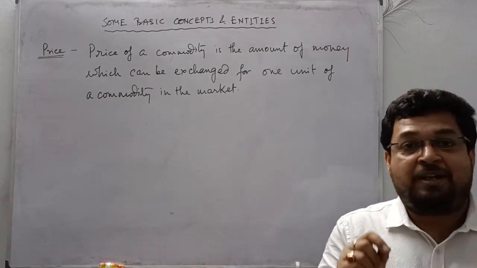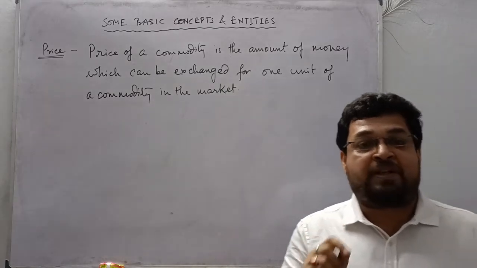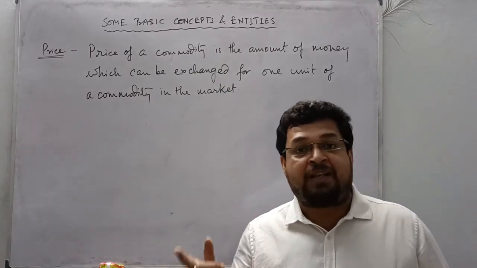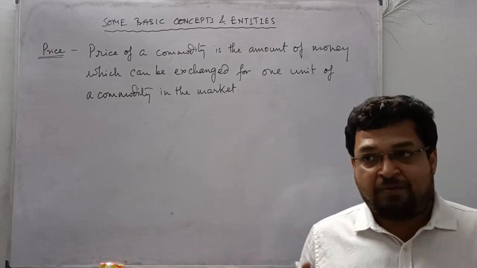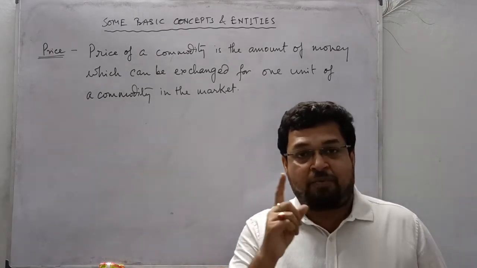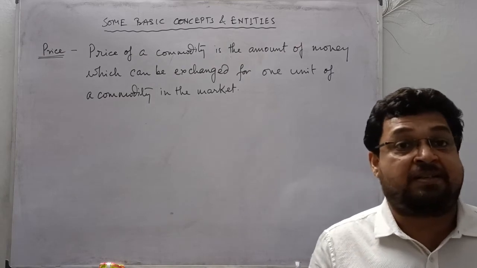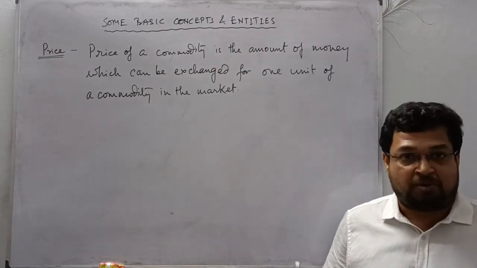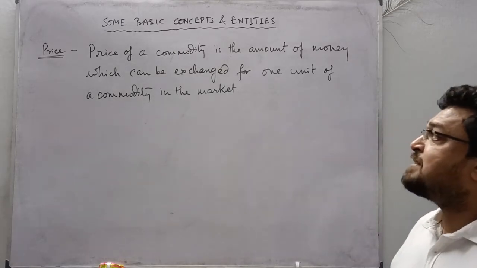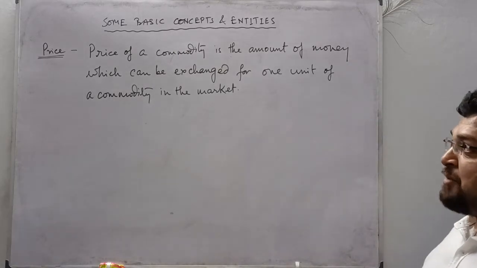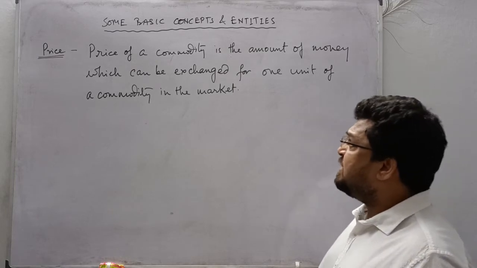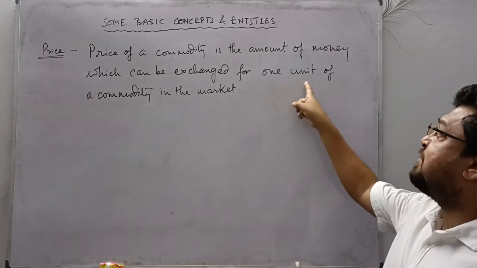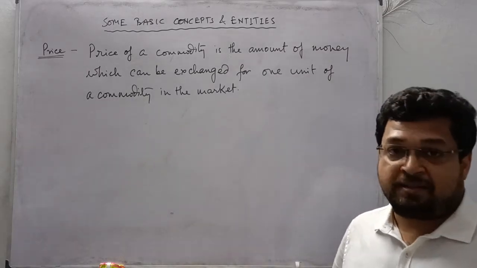That's why I'm telling you, in the market, when we go for purchasing 1 unit of a commodity, the amount of money that we give in exchange for 1 unit of the commodity is the price of the commodity. So we define the price of a commodity as the amount of money which can be exchanged for 1 unit of a commodity in the market.